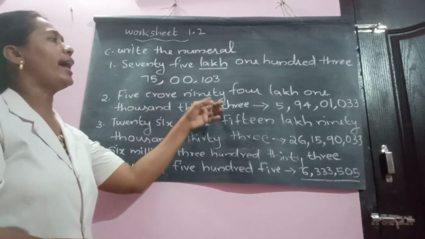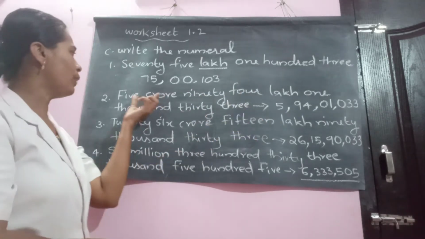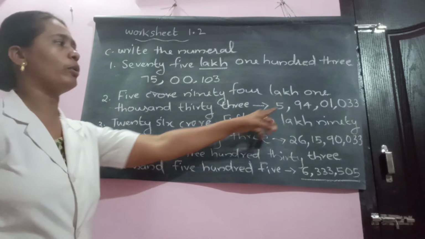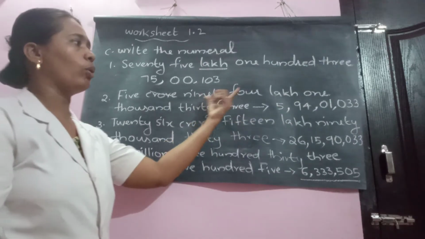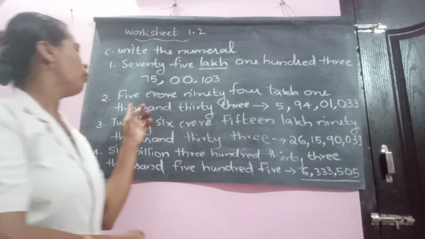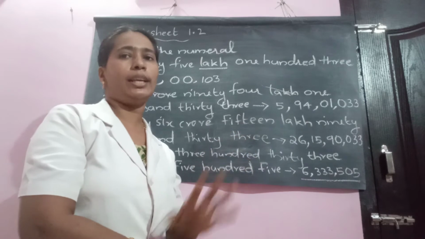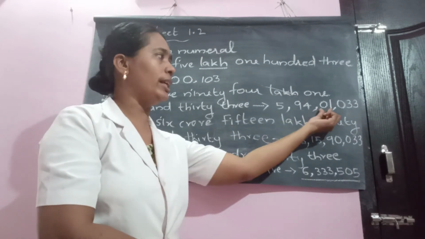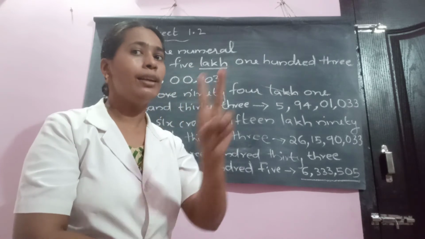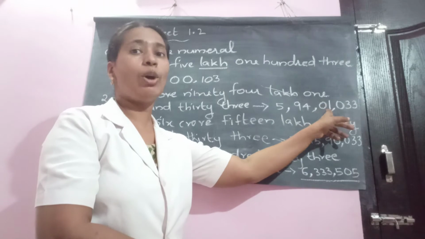5 crore 94 lakh 1033 is given. First you read 5. The teacher wrote 5. Instead of crore, the teacher put a comma. 94. Instead of lakh, put a comma. Then 1,000 they have given. 10,000 is missing. So, we have to fill the digit by 0, because we need 2 digits in the thousands period. So, 1,000 we have to write as 01.